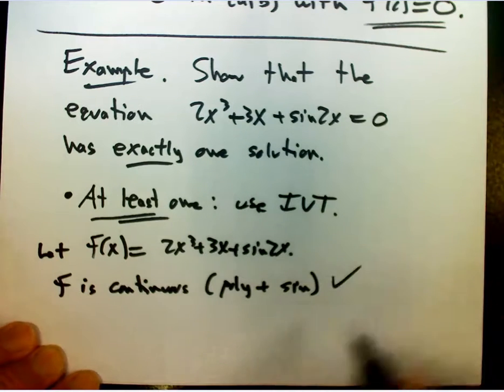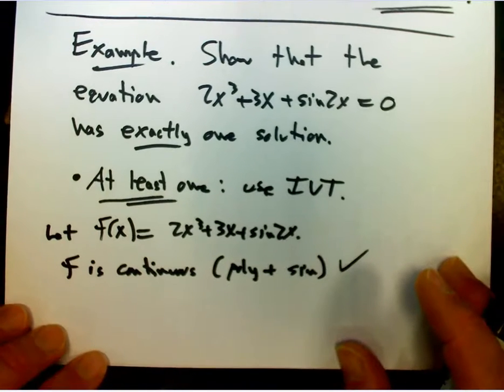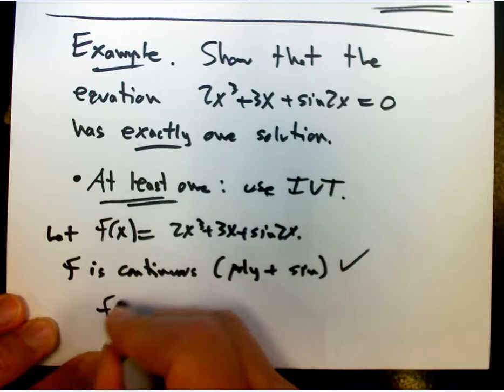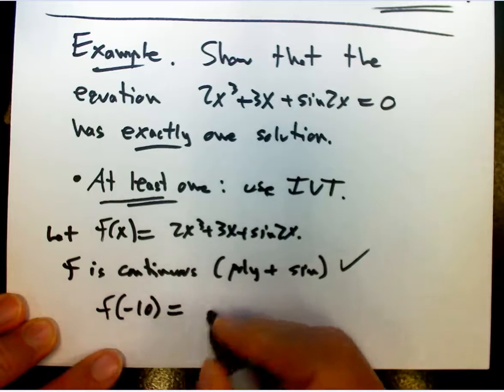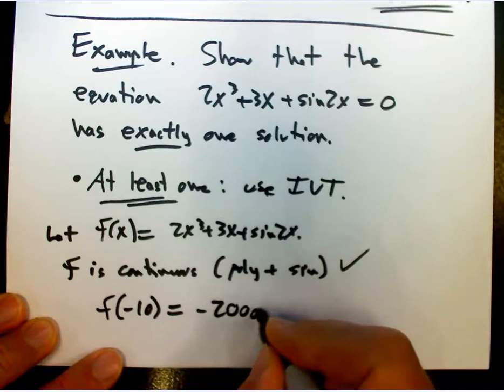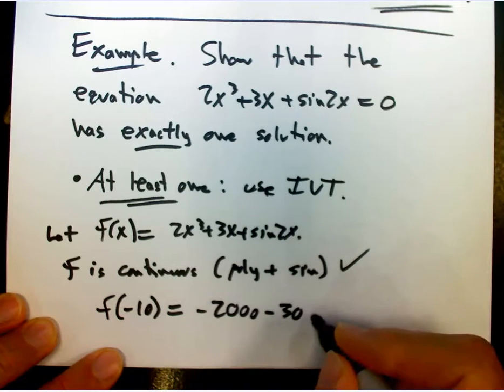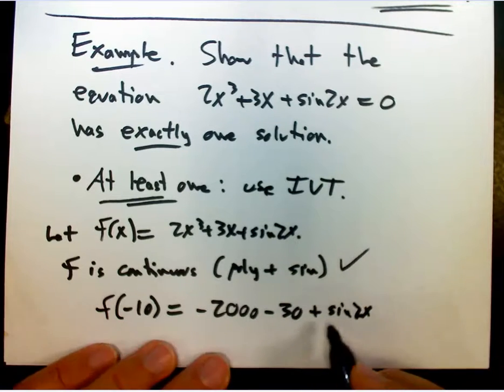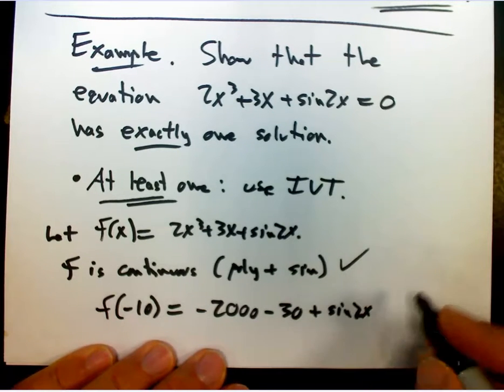So IVT plausibly can be activated, and then the only other thing we need is two values that bracket 0. So like f of minus 10, for example, is minus 2000 minus 30 plus sine 2x. Well, the sine 2x is at most going to bring us 1 closer to 0.